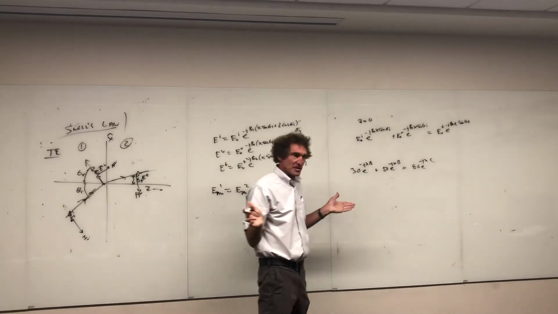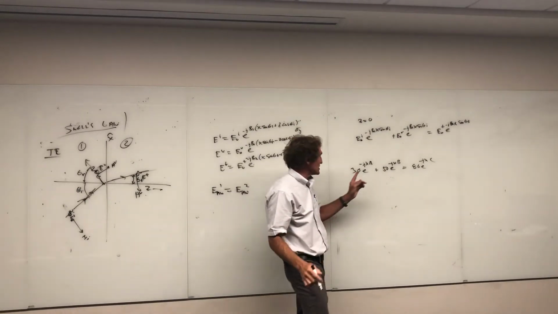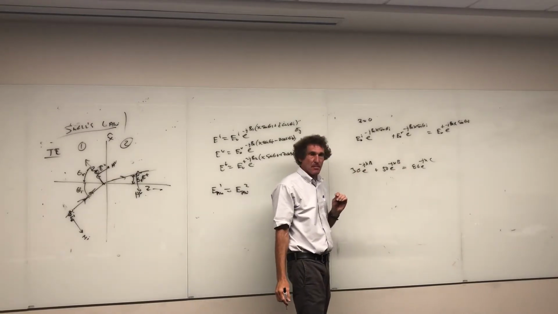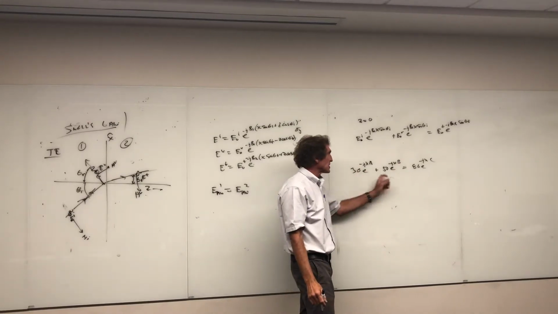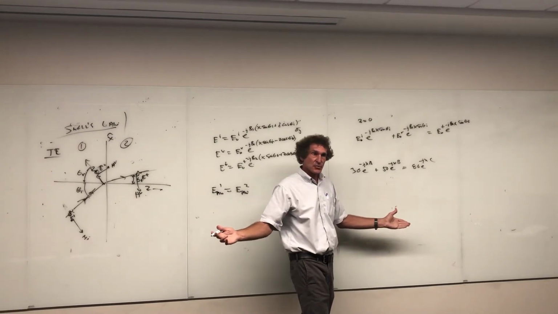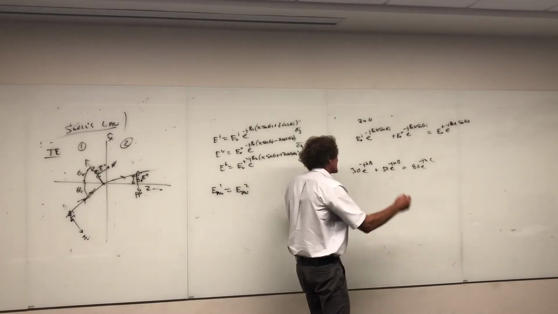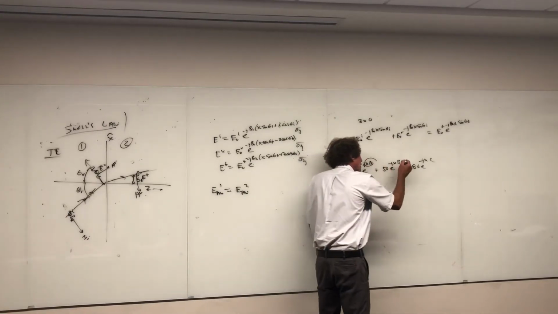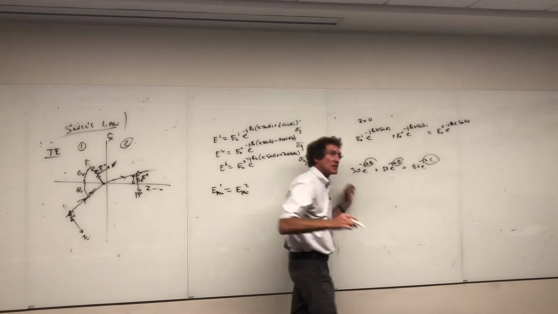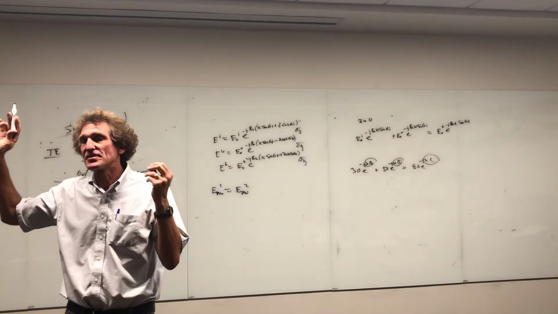I'm doing this for a reason, all right? What you can gather is, if that's true for all x, it's surely true for x equals 0, right? At x equals 0, 30 plus 50 equals 80. Do we agree with that? It's also true for any value of x. The only way it can be true for any value of x is if these arguments are the same for all x. How many see that there? You all see that? They have to be the same argument.